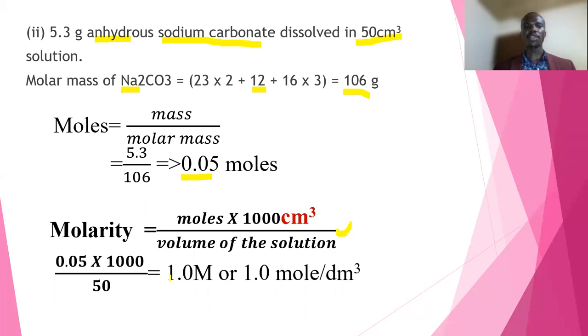Now it will be moles that we have gotten times 1,000 over 50. The volume used is 50 cubic centimeters. So you can see how simple this thing is. Then we'll be able to get 1.0 M, capital M stands for molarity.